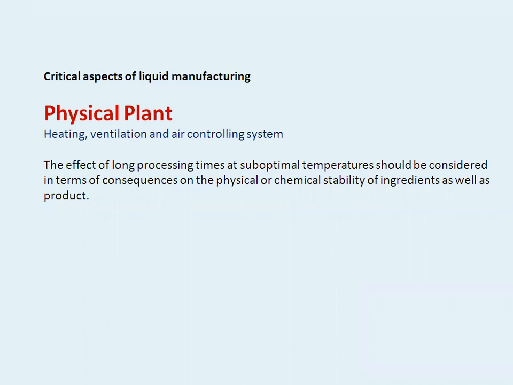HVAC system means there is heating, there is ventilation, and there is cooling. So what is the meaning of this HVAC system? Throughout the plant, humidity and temperature we have to control. And for controlling such a system, the HVAC system is attached.